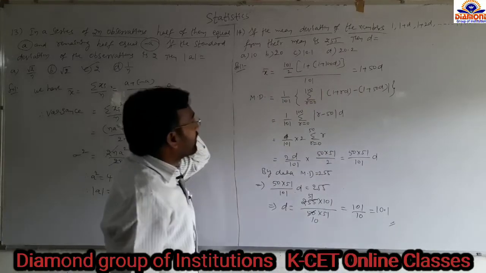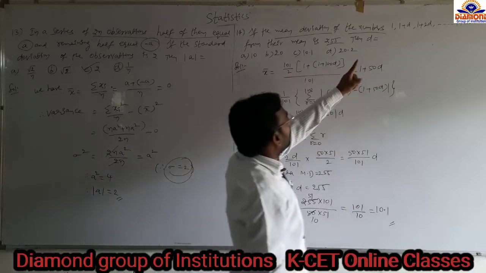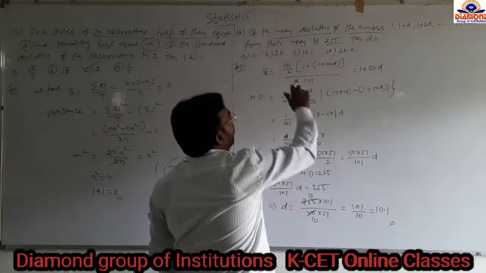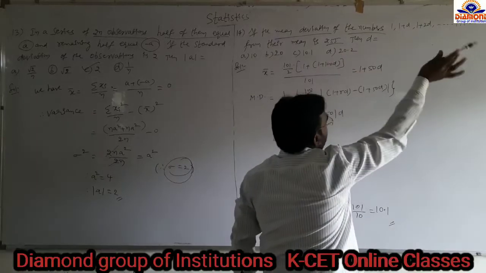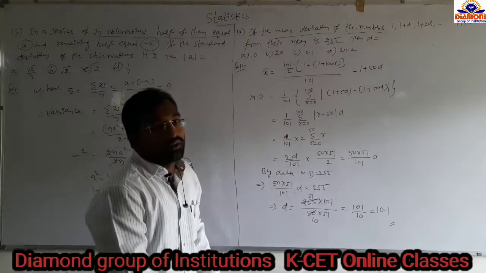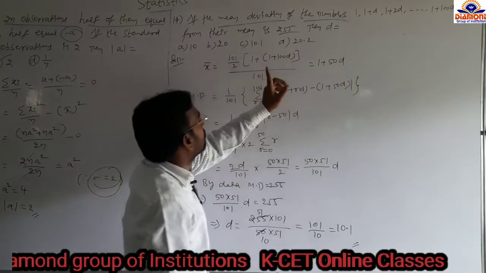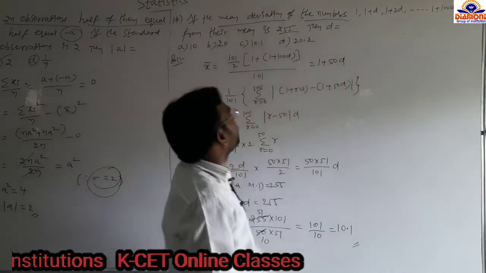So we have x bar equal to what here? Total number of terms is 101. So you have to write 101 by 2 of (1 plus d, first term, plus 1 plus 100d, last term), divided by 101. So here n equal to 101, so that equals 1 plus 50d.